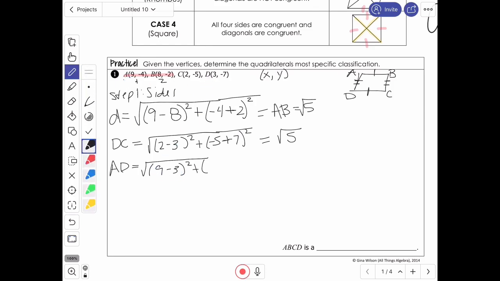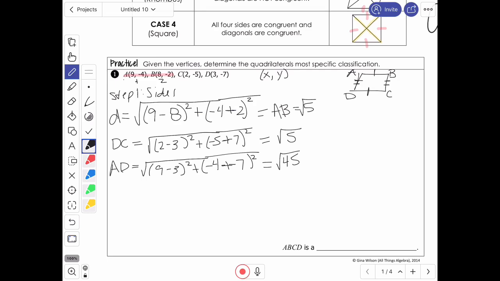Plus -4 minus -7. There's another double negative that turns into a positive. Don't forget to square. And AD is square root of 45.